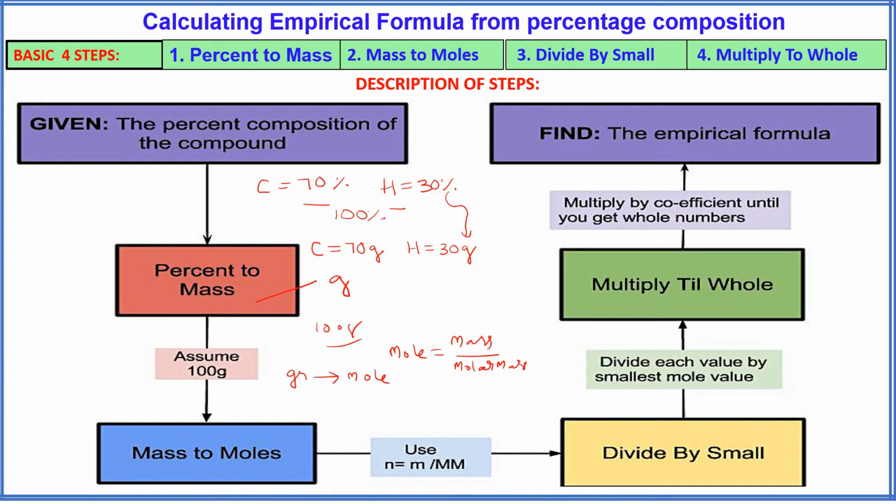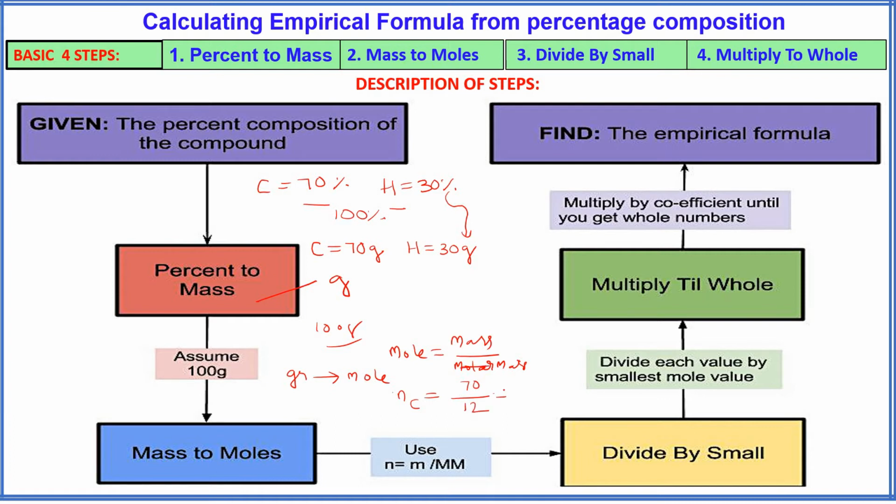For example, how do you calculate? We have taken 70 grams. I want to calculate the number of moles of carbon. What is the mass here? 70. Molar mass means atomic mass, which is 12.